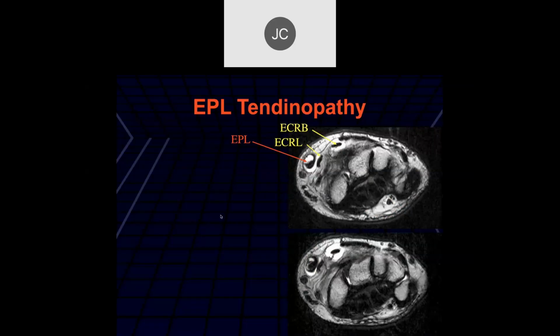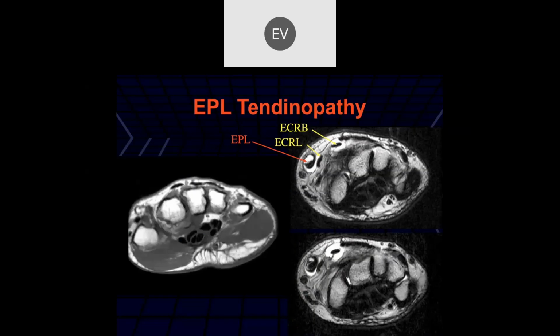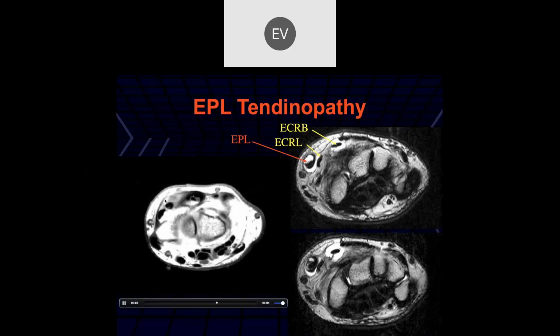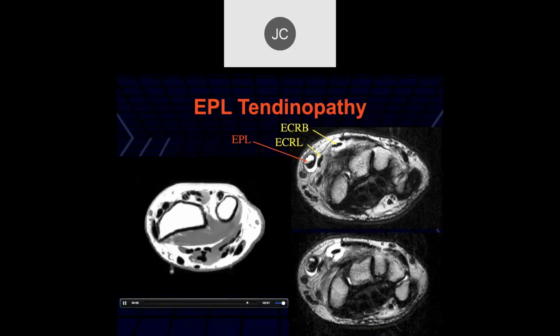So let's see. Elior, is it your turn? Yes. So here we see fluid in the tendon sheath of the extensor pollicis longus, and also within the second extensor tendon, so concerning for intersection syndrome. Okay. And then here, this is just a video showing multiple adjacent images as we go out here.